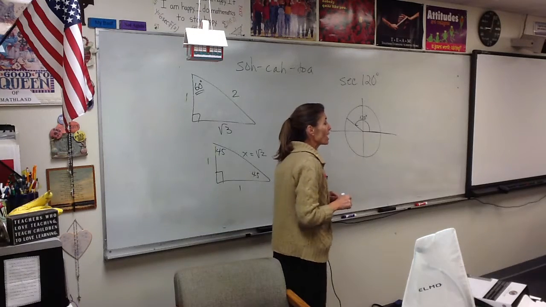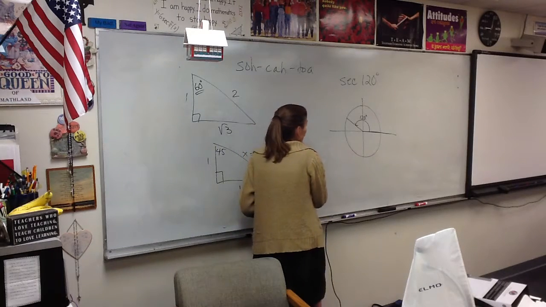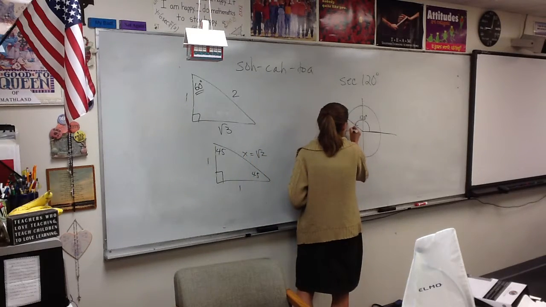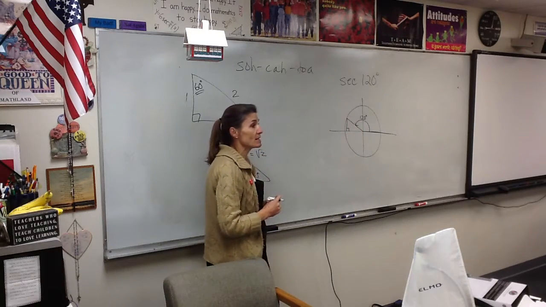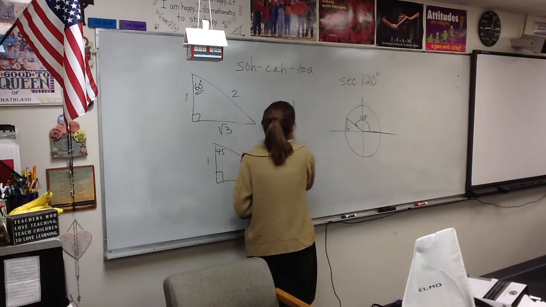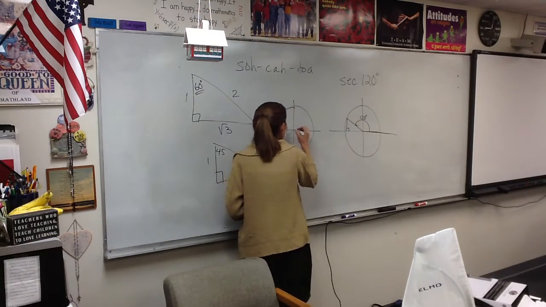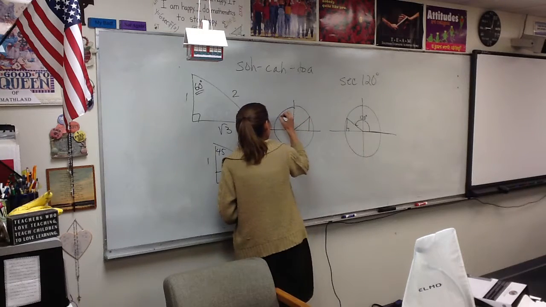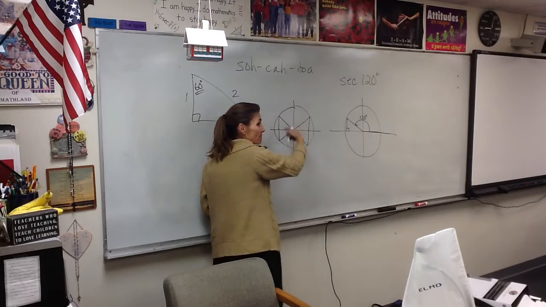Now, once you get your angle drawn, you are going to create a triangle. And the triangle you create will always be created by dropping a perpendicular to the x-axis. I call this the butterfly bow tie, because depending on which quadrant you're in, you will always have a triangle that is a piece of this butterfly bow tie picture.